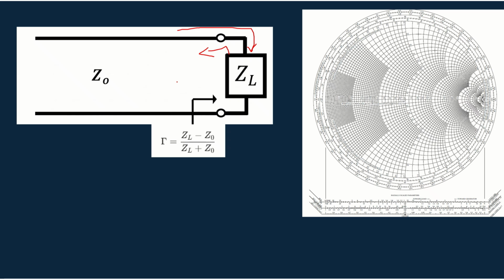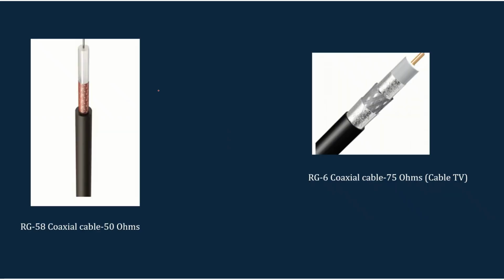The Smith chart was actually developed to analyze these types of transmission lines. There are different types of transmission lines. Let's see some examples: RG58 coaxial cable has a characteristic impedance of 50 ohm, and RG6 coaxial cable has a characteristic impedance of 75 ohm.